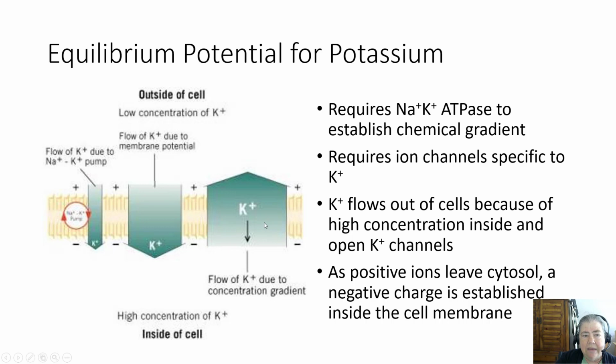Because there is a lot of potassium in here and not much potassium out here, you're going to get a movement of potassium ions down their concentration gradient through those channels, removing even more positive charges from the inside of the cell.